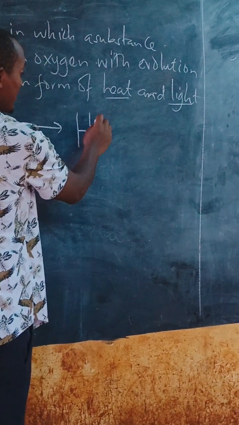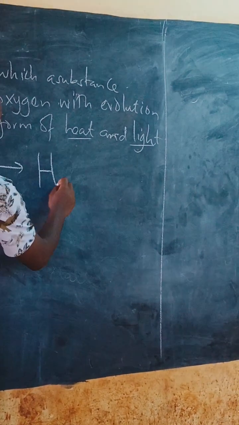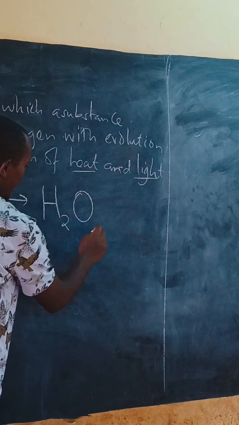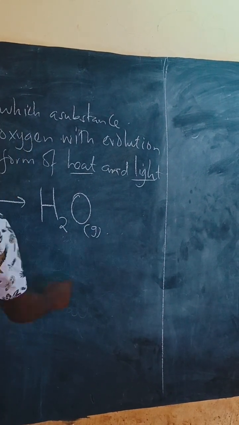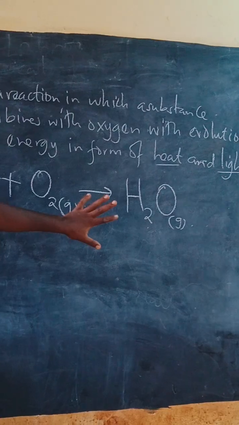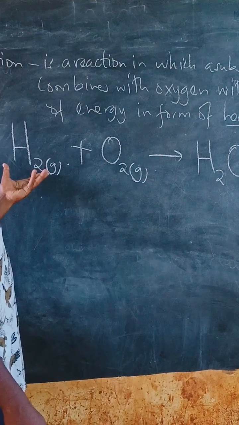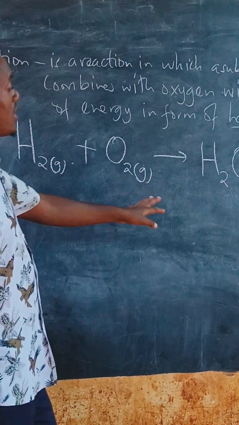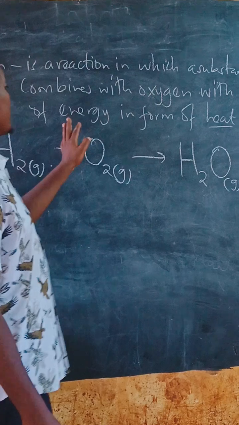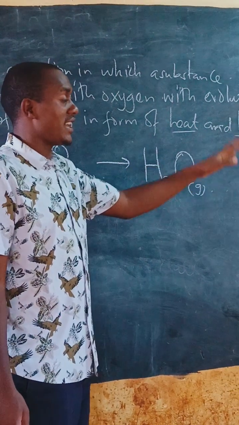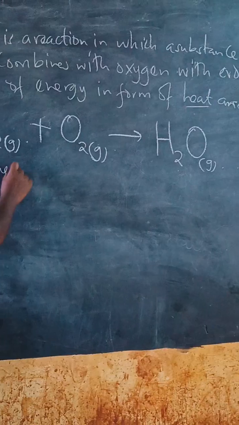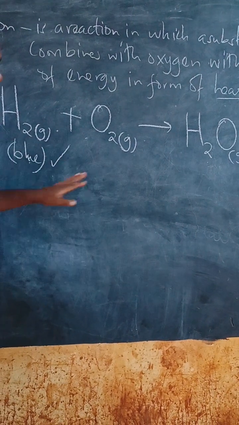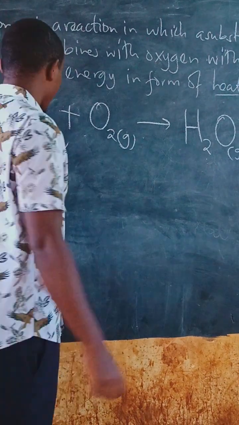Hydrogen valence 1, oxygen valence 2. So the formula of hydrogen oxide, which is water or steam, is H2O. So this is combustion, when a substance combines with oxygen with evolution of energy in form of heat and light. Hydrogen burns with a blue flame.